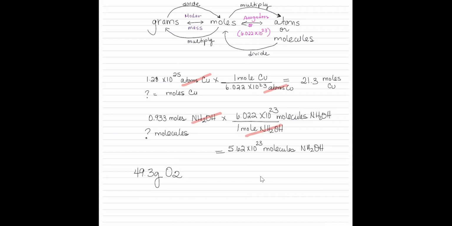So we need to divide by the molar mass of O2, which is 15.9994 times 2, which is 31.9988 grams for O2, because we take the molar mass of oxygen and multiply it by 2, since we're talking about molecular oxygen. And then on top, we put 1 mole of O2.